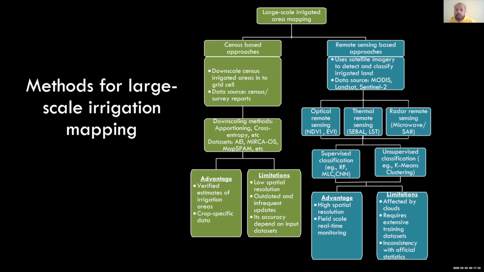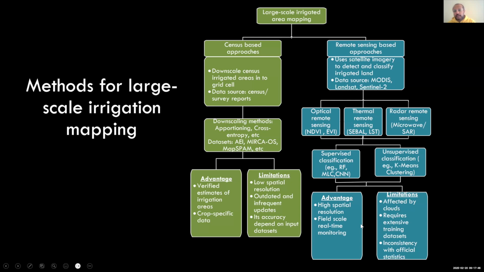Some of the most common methods include random forest, support vector machine, or neural networks, including CNN. Then the unsupervised classification algorithm is just categorizing the spectral signature of each pixel, and the model will cluster them and classify whether it's irrigated or not.